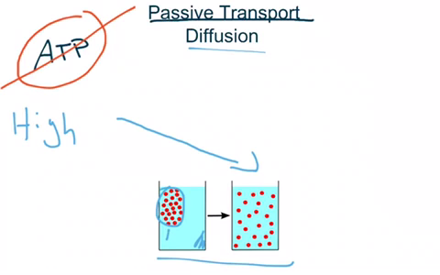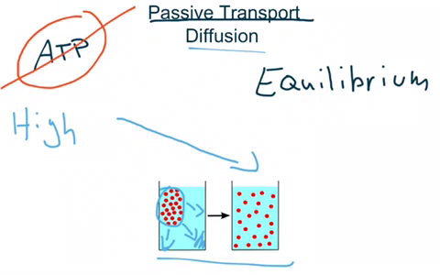They're going to go where there are no molecules, okay? And they're going to continue to move until they reach a state of equilibrium. What equilibrium means is there's an equal amount throughout all areas, okay? That's diffusion, and that is one form of passive transport.